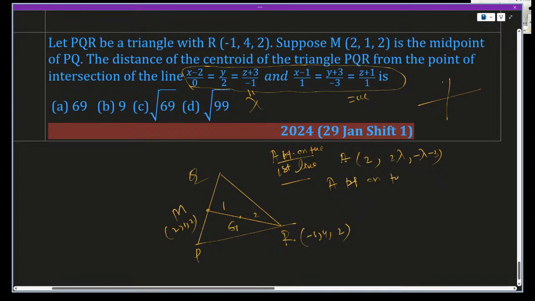A point on the second line, that is mu plus 1, mu minus 1. This is B. Compare these two.